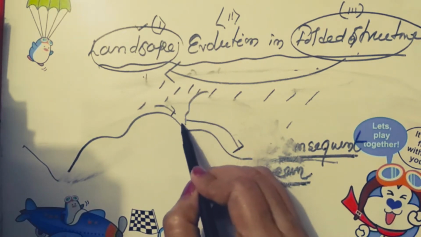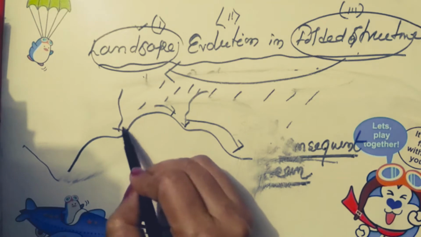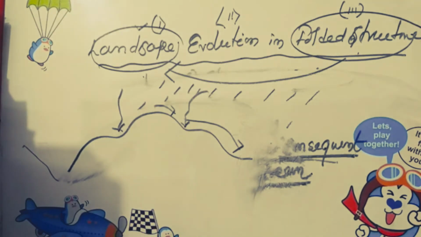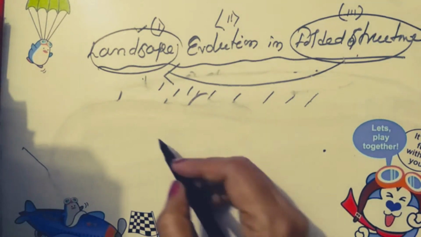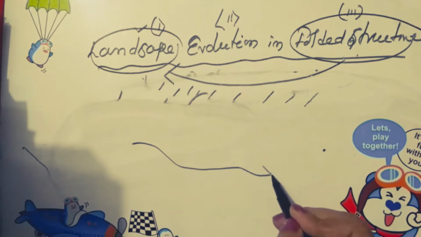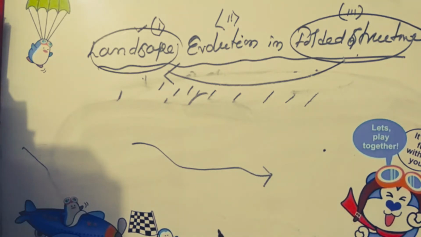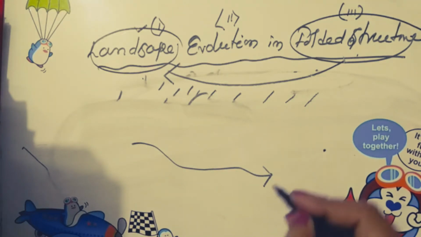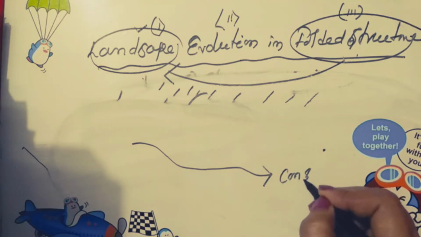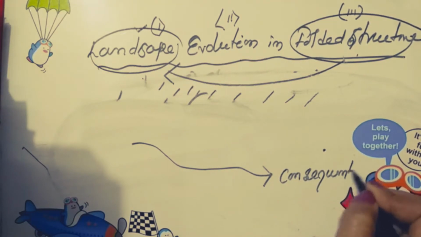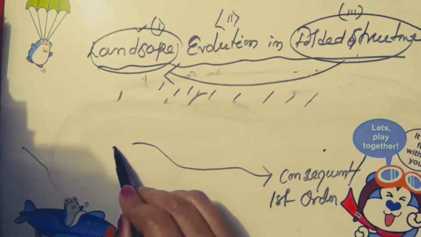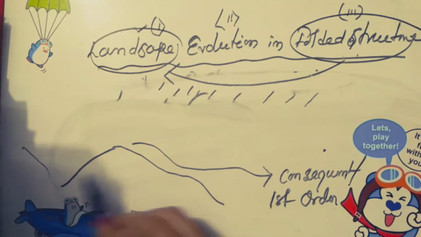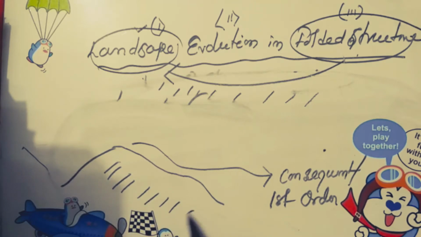But in between this zone, that kind of surface runoff begins to flow. This kind of river follows the natural slope. It's called the consequent stream or first order stream. Then this is the terrain zone, and the height information is 3D information.